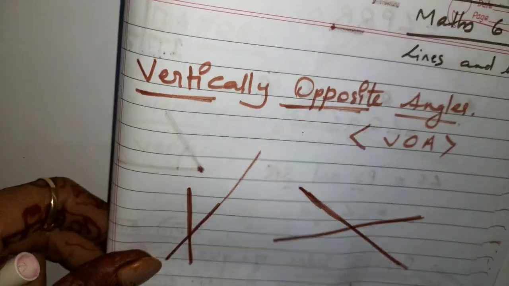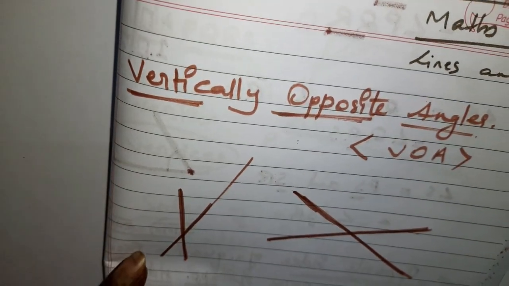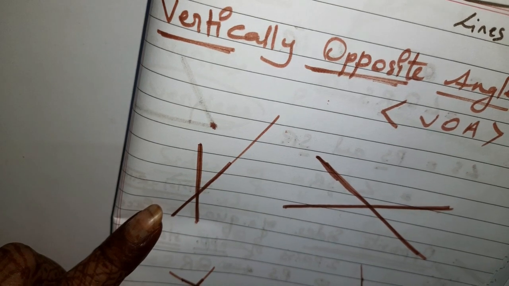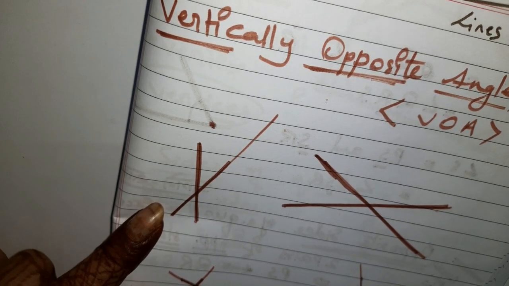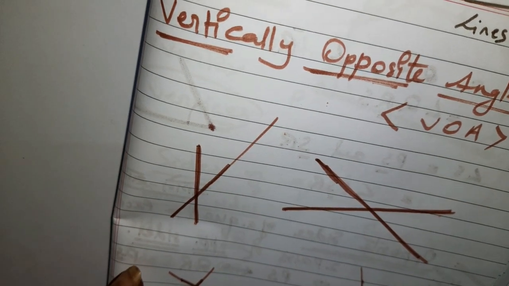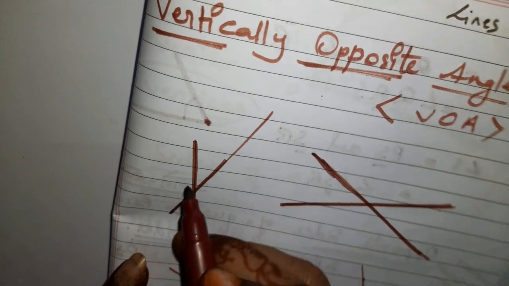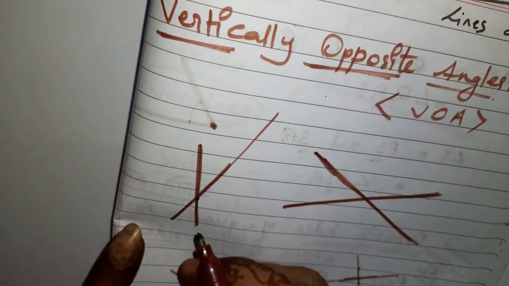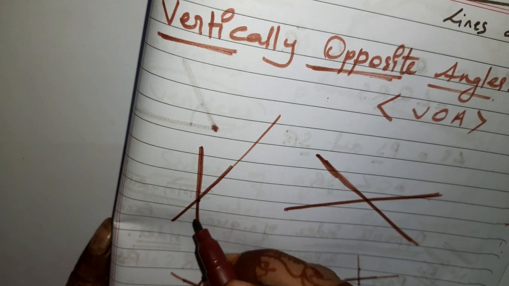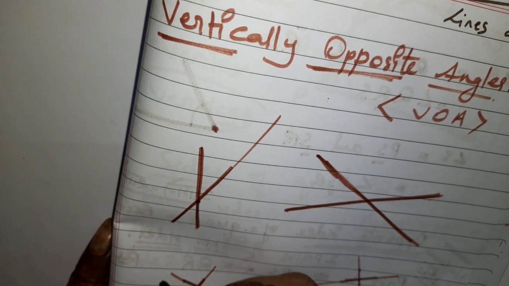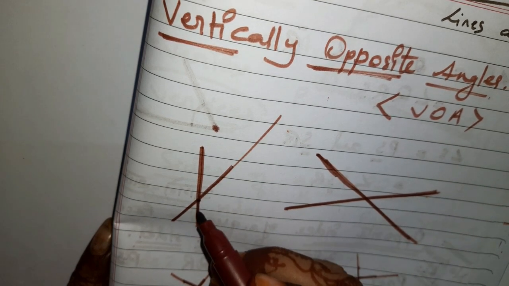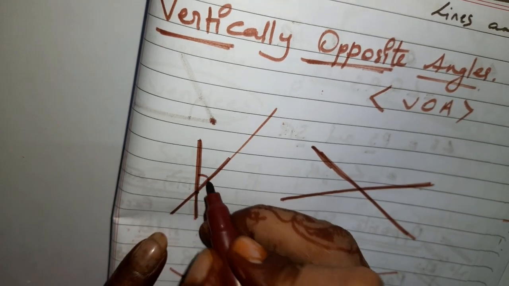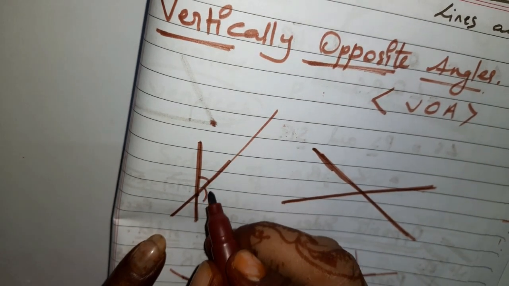Now whenever you are having x formation, or in other words when two lines intersect each other at one single point, you will get a cross, and there four angles are formed. How many angles are formed over there? It is very clear to you that four of the angles are formed here.